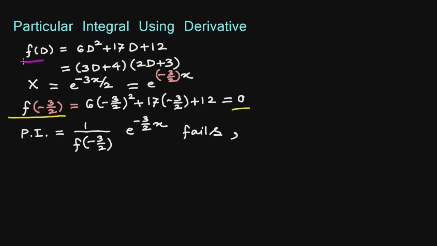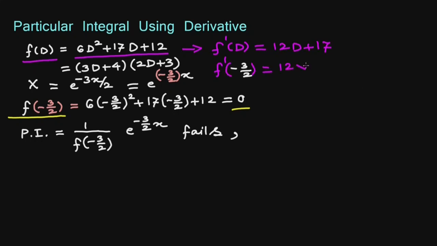Now from this f(D) we find f dash (D), which is 12D plus 17, and f dash (minus 3 upon 2) will be 12 into minus 3 upon 2 plus 17. 2 sixes are 12, that will be minus 18 plus 17, minus 1.